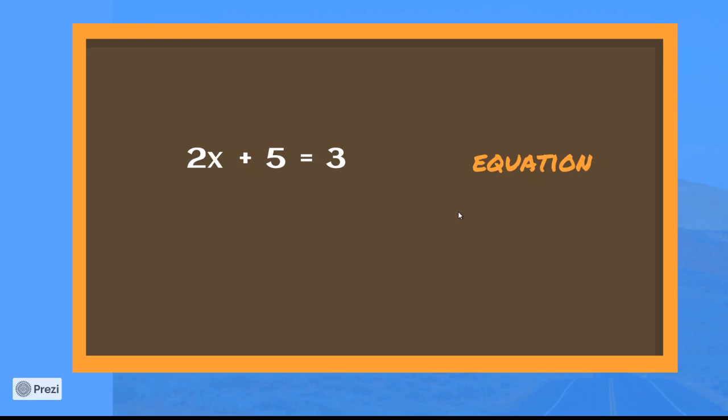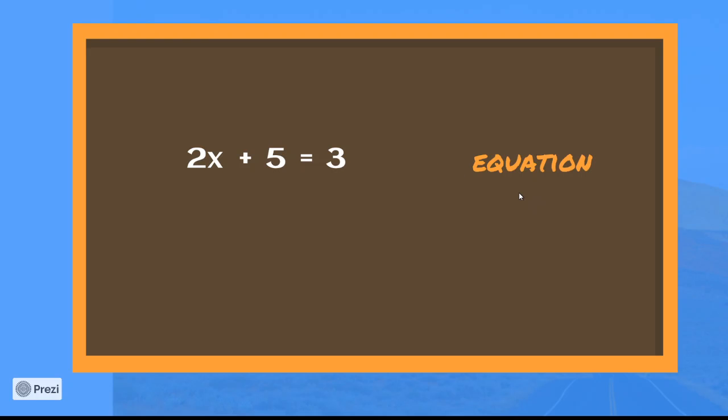So when two expressions are brought together by an equal sign, this 3 is one expression, 2x plus 5 is another expression. You are establishing a relationship between those two expressions by bringing an equal sign, and that is called an equation.